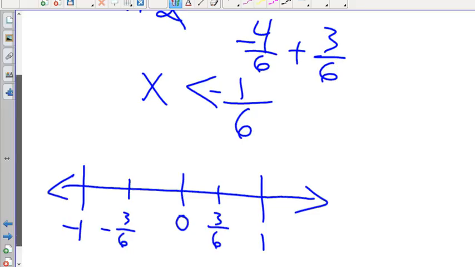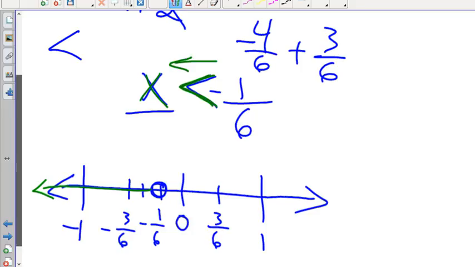Which would mean this would be negative 1/6. All right, so we have a less than symbol, this symbol. So we need an open circle there. And then we have to make sure that x is going to be less than that. So change colors. I have an arrow going that way. Because the variable is on the left, it's going to match, and it points that way. So that's where our line should go.